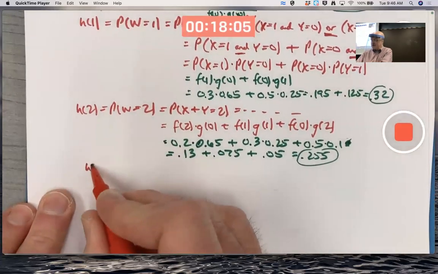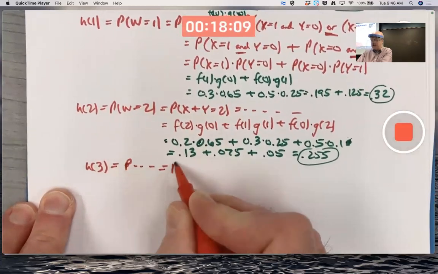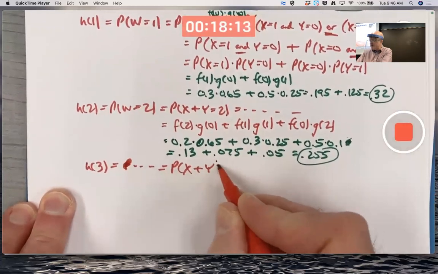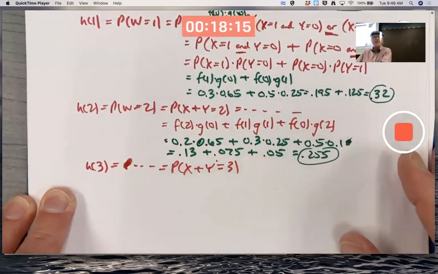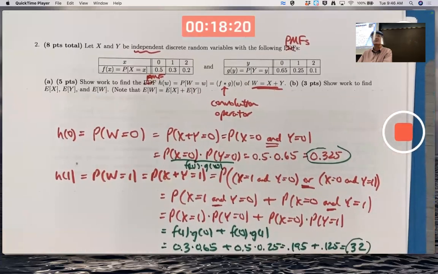H of 3, probability that the sum is 3. Dots. X plus Y equals 3. Neither variable can equal 3 individually with positive probability. But the sum can be 3.